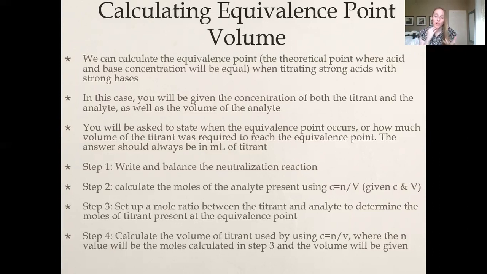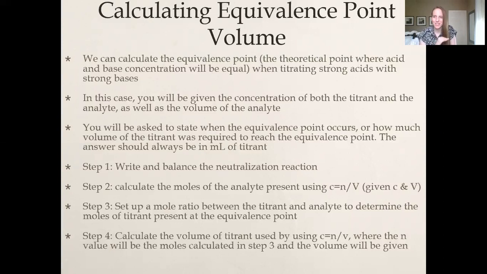The equivalence point volume that we're talking about is how much titrant is used when you hit the equivalence point. So that should ideally be the volume of titrant that you have at your end point.